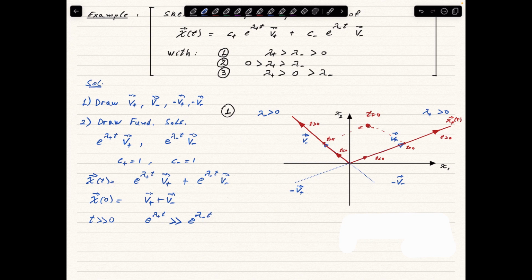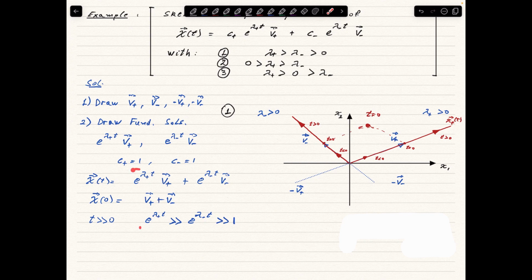The same t, the lambdas are different, the exponentials are different, but both are going to be much bigger than 1. If we move along the direction of the fundamental solution in exactly the same way, this point should go away along this line as t goes to infinity, but not.